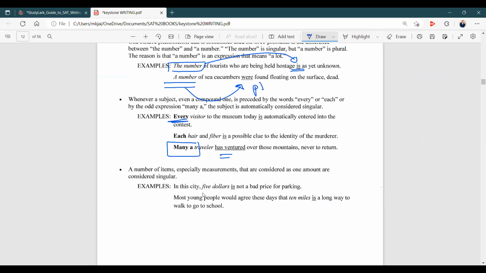Okay, so what do I have here? Let's look at this example. The first one. In the city, $5 is, oh, come on, how come 5 and it's is? Any idea? Amr Sameh. Hello, are you there? $5, 5 and is, how come? This is correct, by the way. Hey, Amr. Yeah, I'm here. So why is?